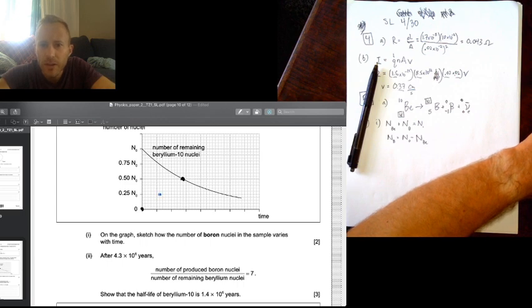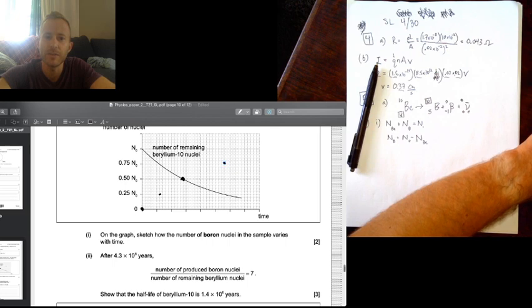When there's 25% beryllium, we're going to have 75% boron. So we're going to just connect these points into something that looks like this. That's supposed to be curved, but something like that.